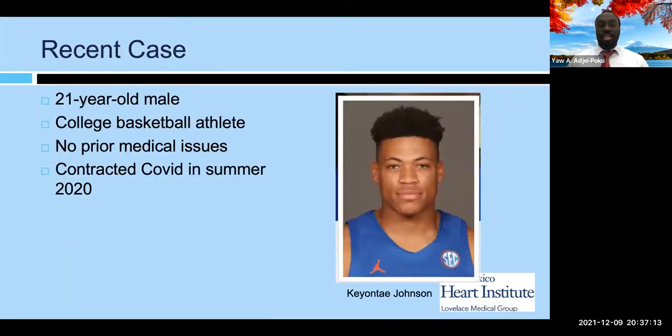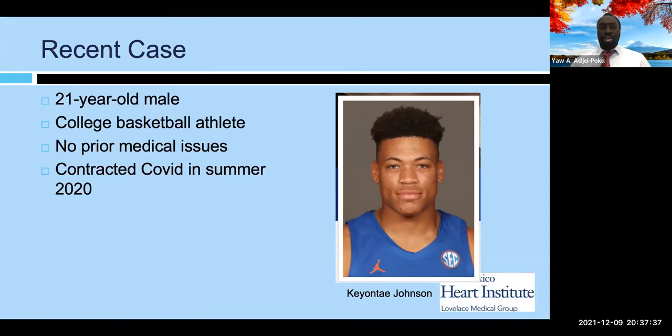There's a recent case a little more than about a year ago that you may or may not have heard. It was a gentleman that played basketball at the University of Florida. He was a college basketball athlete. He had no prior medical issues. He actually contracted COVID in the summer of 2020.